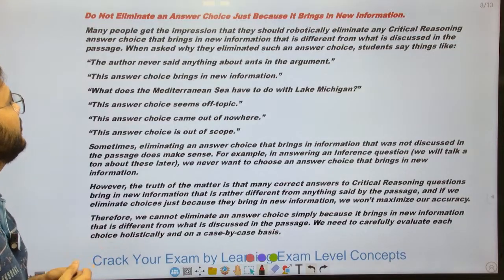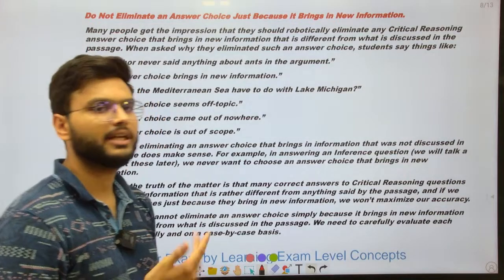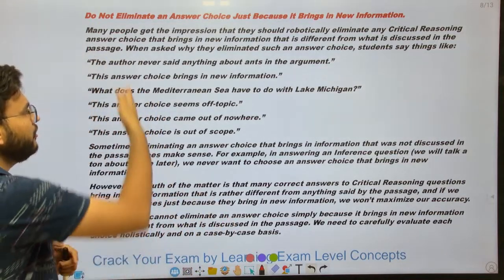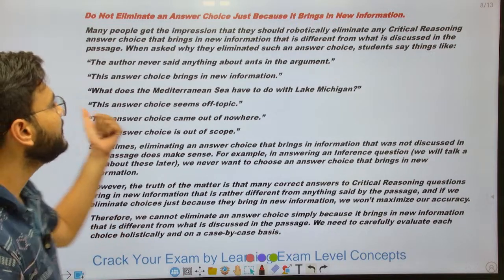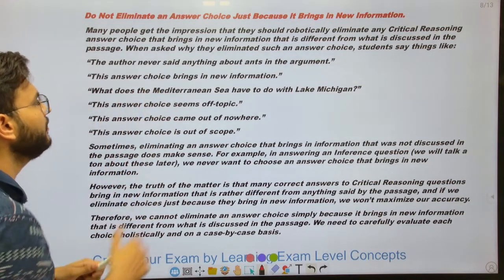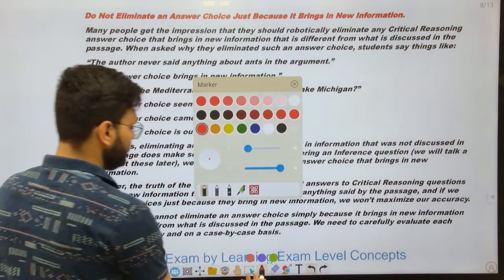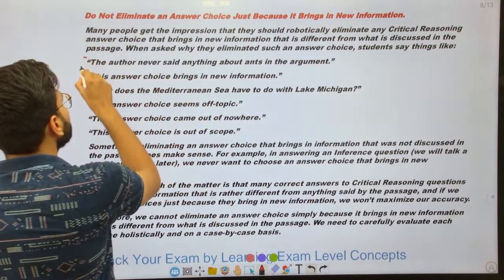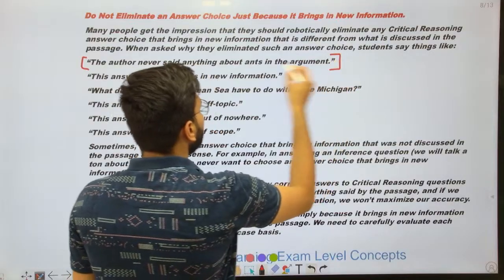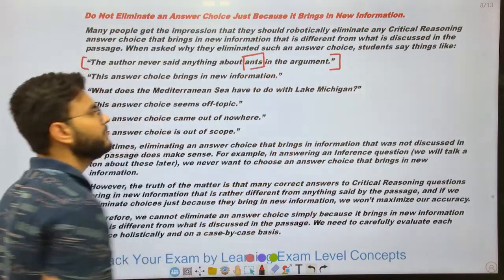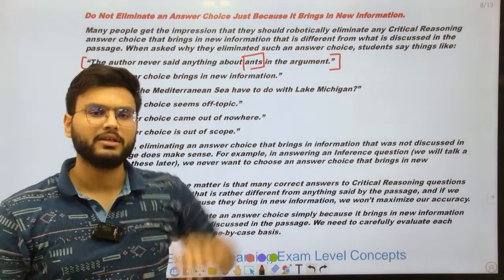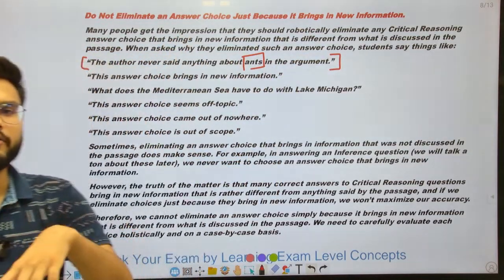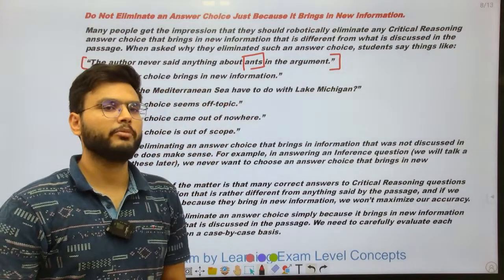When asked why they eliminated such an answer choice, students say things like these. These are the common thoughts of what students really think. First, the author never said anything about this, about the ants in the argument. Now, there might be any argument structure, and let me say they have introduced a new factor of ants. Let me say the information was about B, but the author has introduced a new factor of ants in the argument structure.